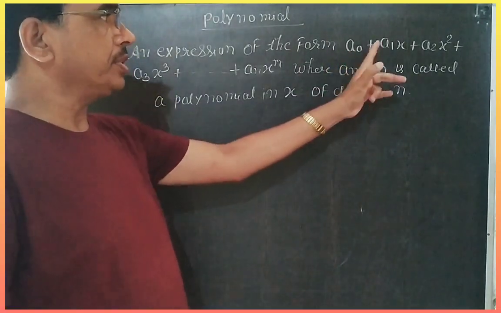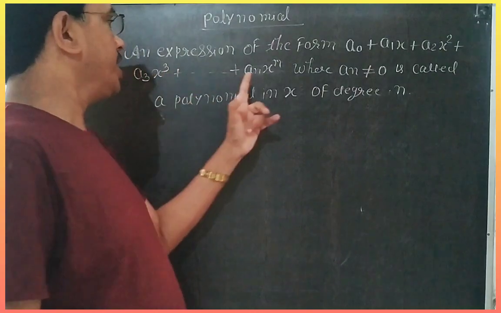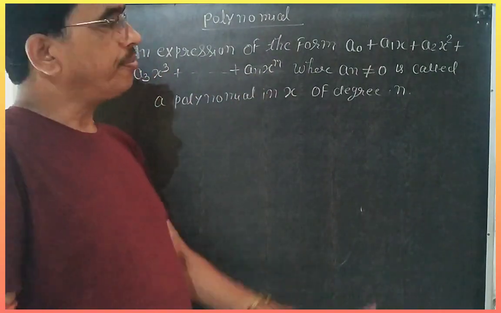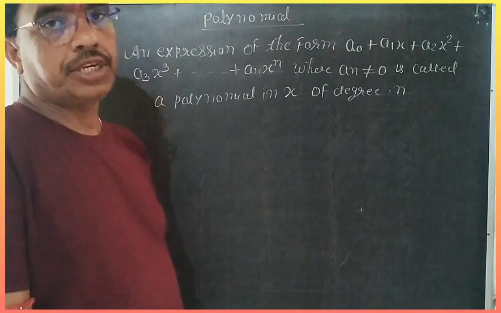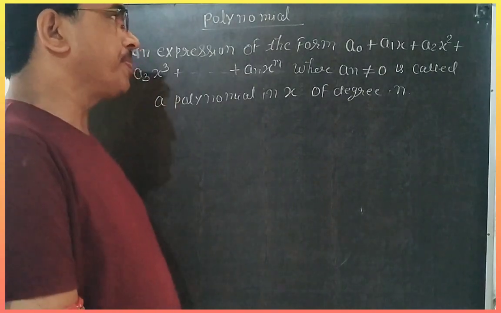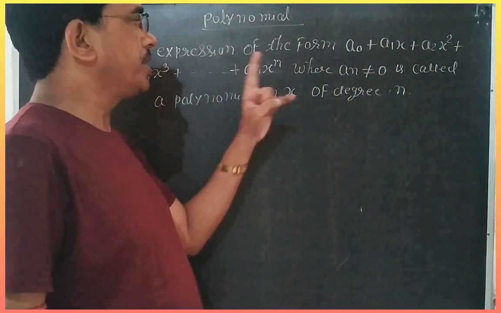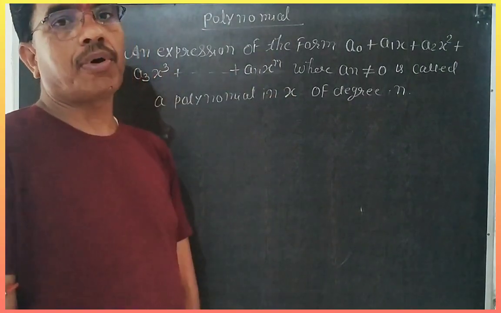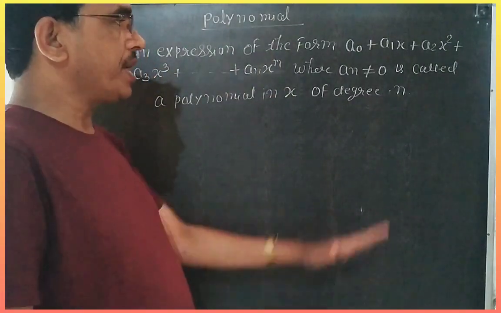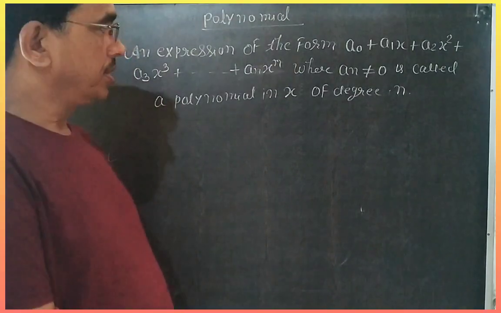Then it is called a polynomial, and here 1, 2, 3 are the degrees, and the degree is always a natural number, where n is a natural number.